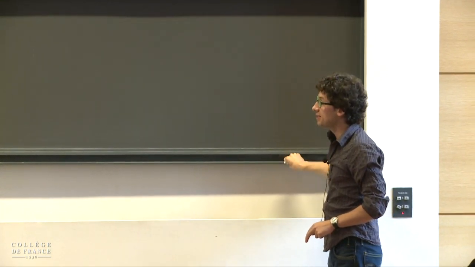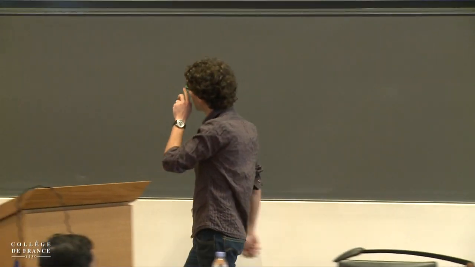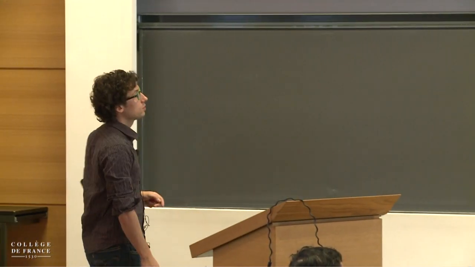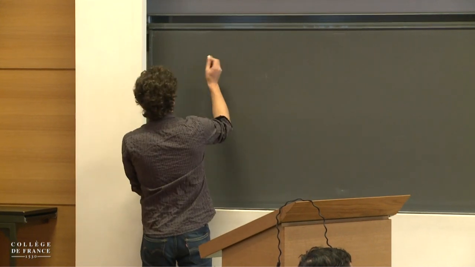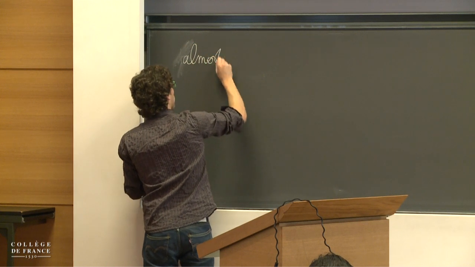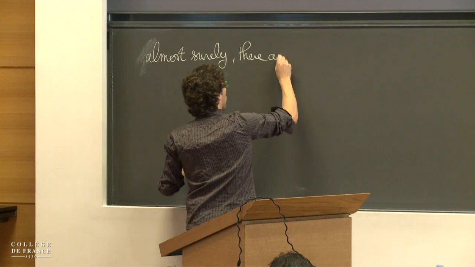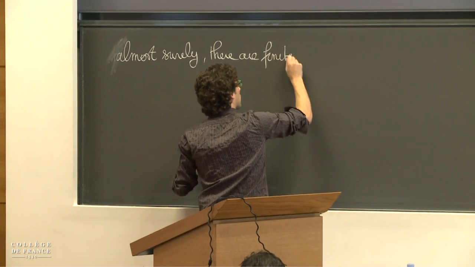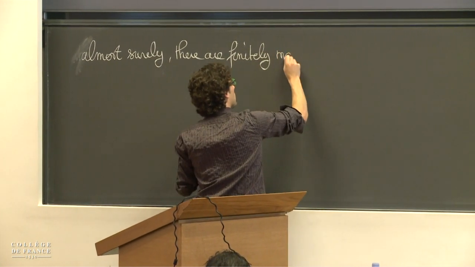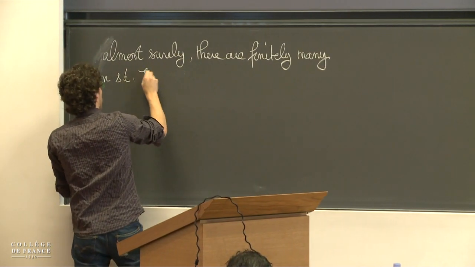So there are finitely many circuits surrounding the origin. So we deduce almost surely there are finitely many n such that E_n occurs.